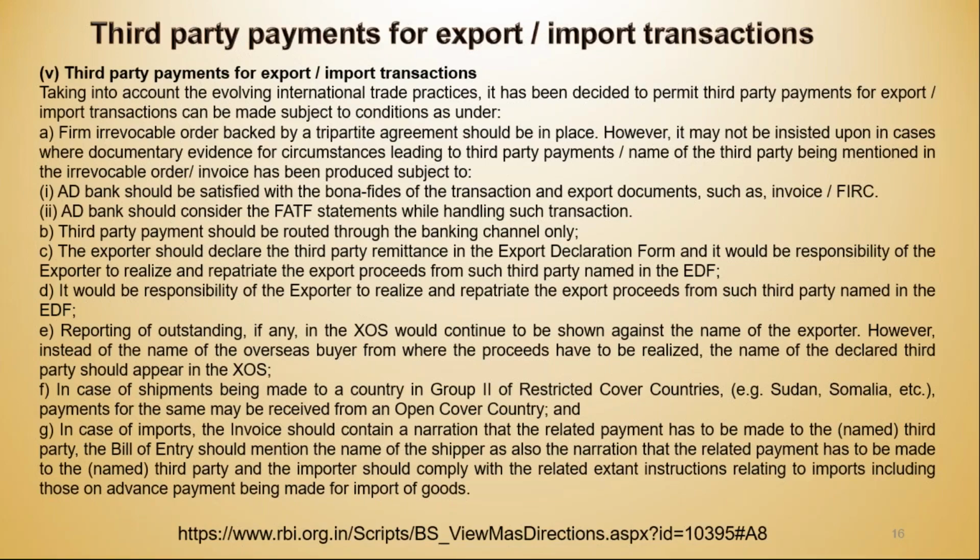Otherwise, when exporting, it is the exporter's responsibility to get the realization as per the FEMA norms and RBI regulations. So the exporter gets the realization in his name. Therefore, there will be a comparison of what has been exported against the realization done in foreign currency, because that matching is always there.